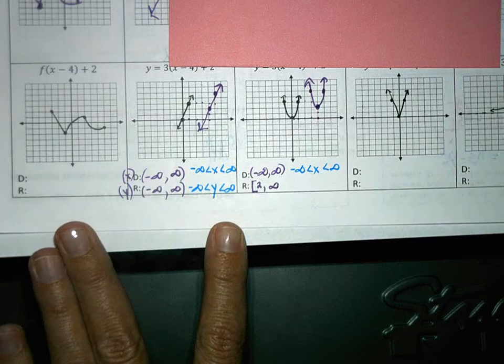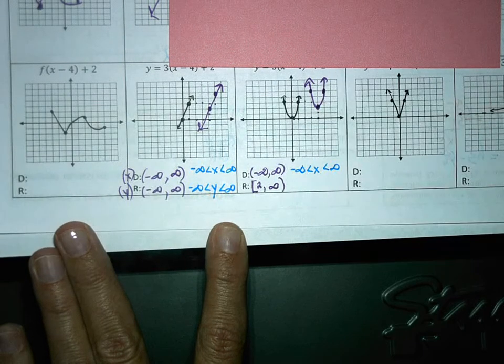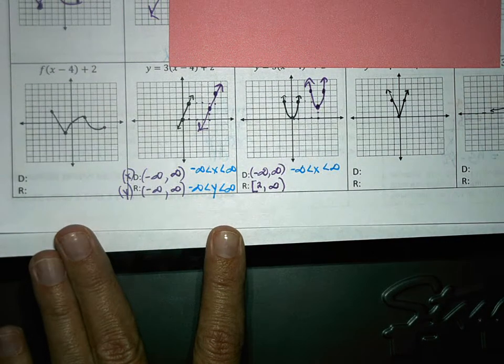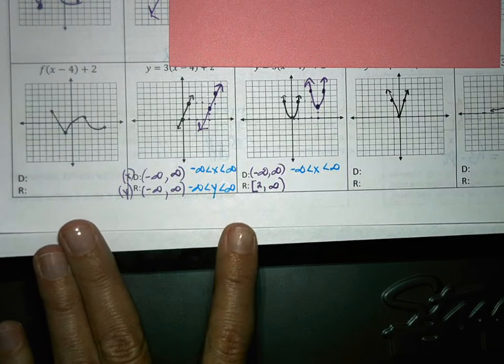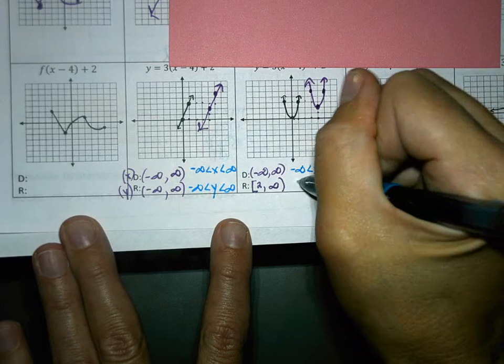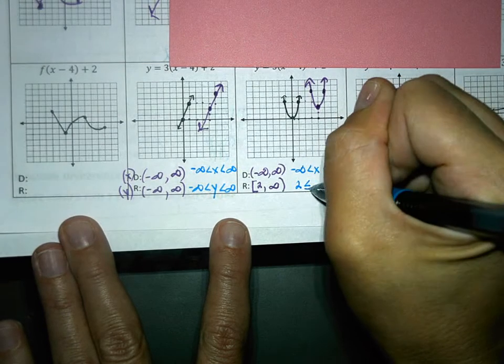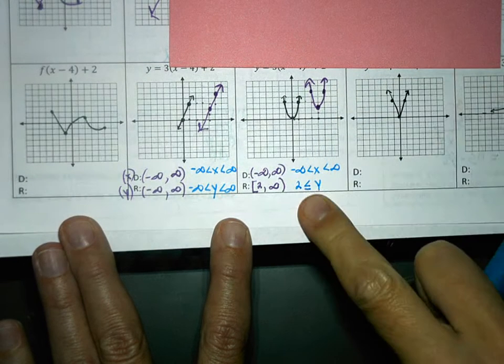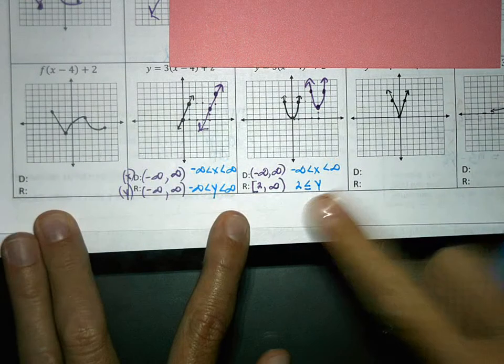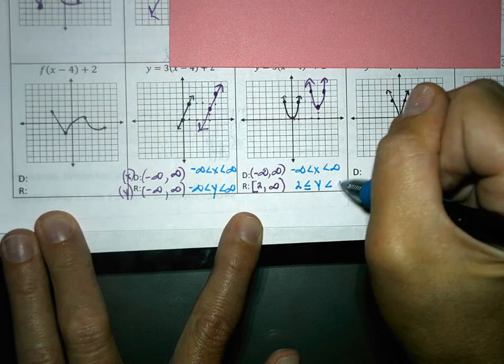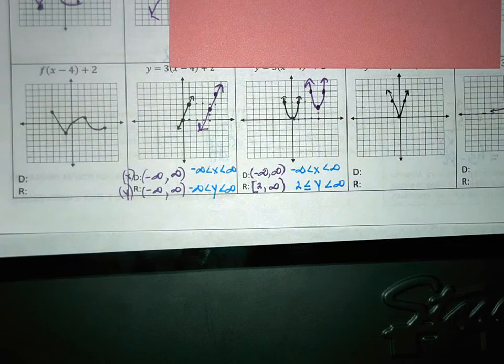Parenthesis, good, because infinity never has an end. Okay, and so when we're writing this one in inequality notation, how will I write it? Good, 2 is less than or equal to y, and why do I have that equal sign underneath? Because it's equal, closed circle, good, is less than positive infinity.